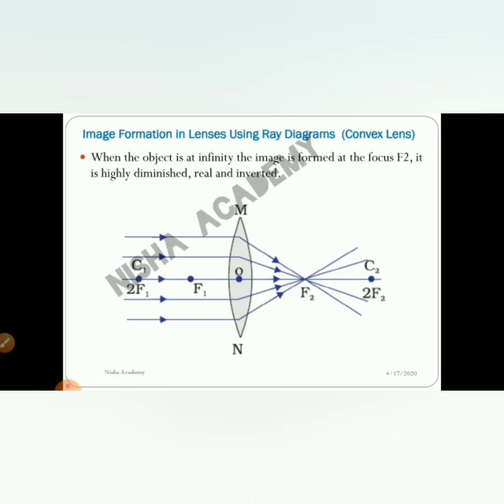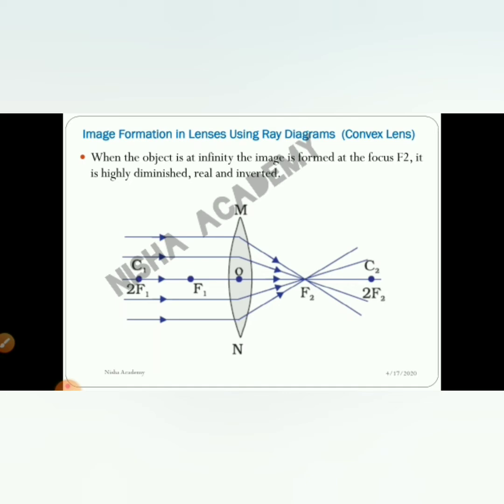So it is assumed that all the rays coming from infinity are parallel to the principal axis, and as we had seen in the earlier slide, all the rays coming parallel to the principal axis, after refraction meet at the focal point on the other side of the lens.